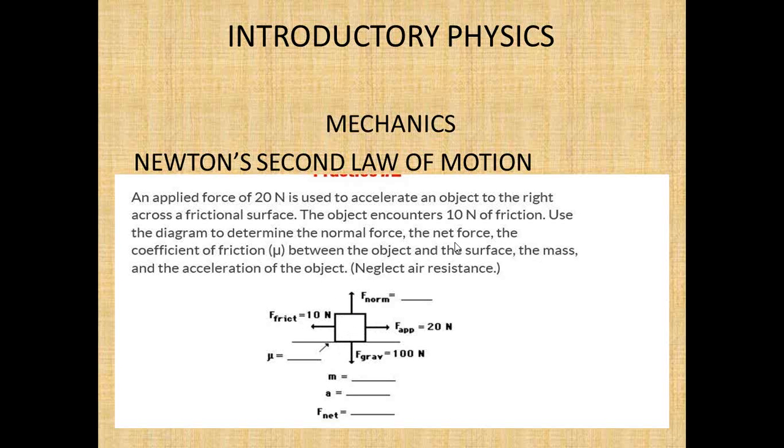The net force: you have 20 newtons of force applied to the right and a frictional force of 10. So your net force is the difference. The difference between 20 and 10 is 10 newtons of force, and this is to the right. So let's write that in.